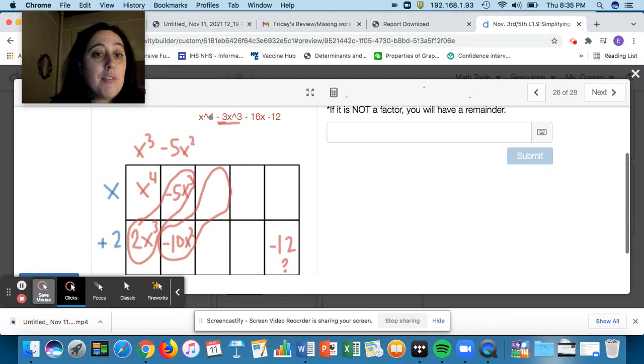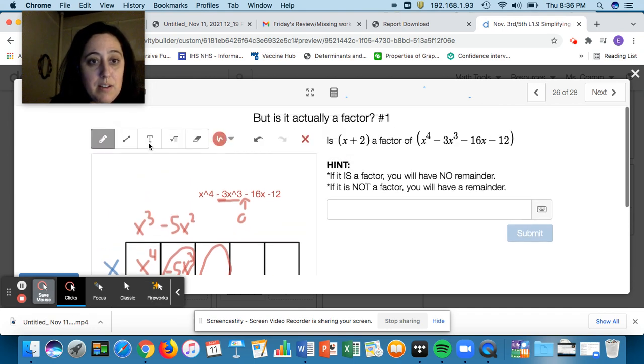I see an x to the fourth and a negative 3x to the third, but I don't see an x squared term. Actually, this is probably not the best place to put this. Let me erase this.